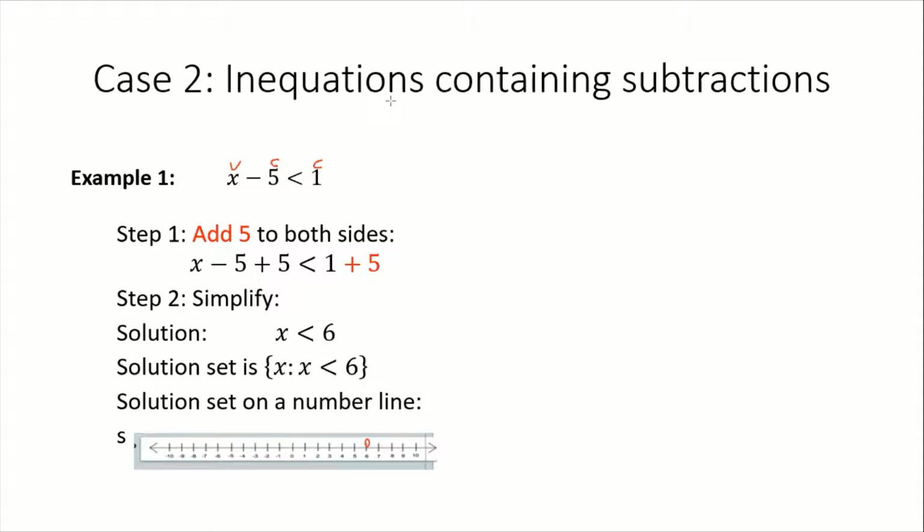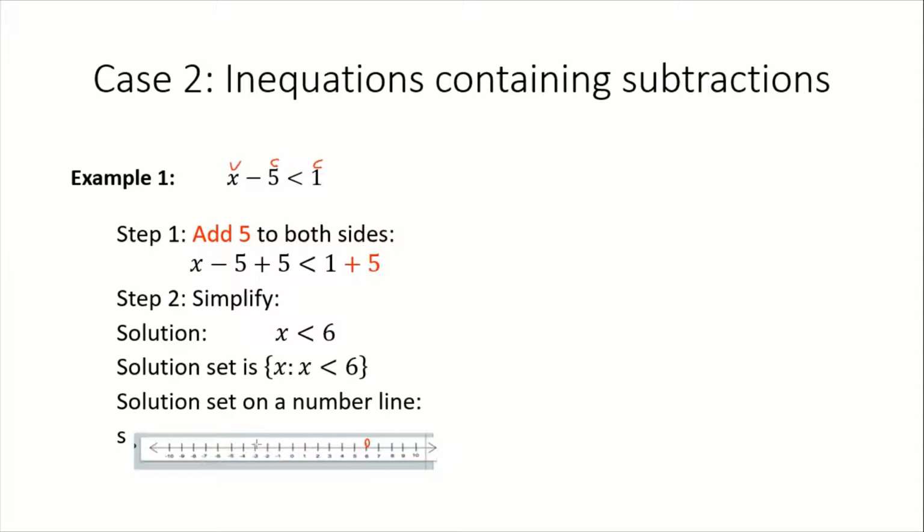Now, how do you know which direction to put the arrow? Let's reread our solution. It says x is less than 6. Let's look at our number line and name some numbers that are less than 6. 5 is less than 6. 4 is less than 6. 3 is less than 6. 2, 1, 0, -1, and so on.